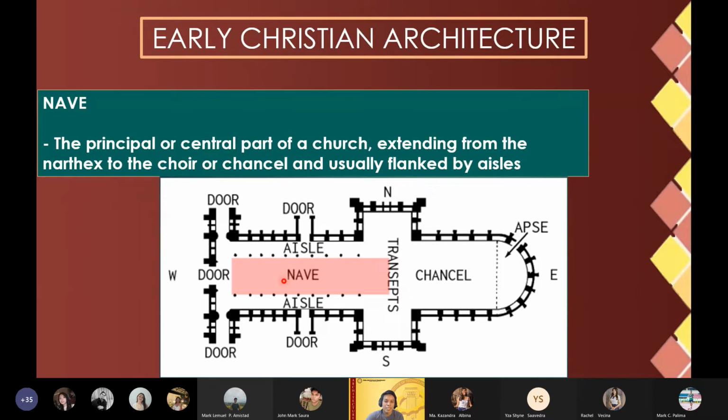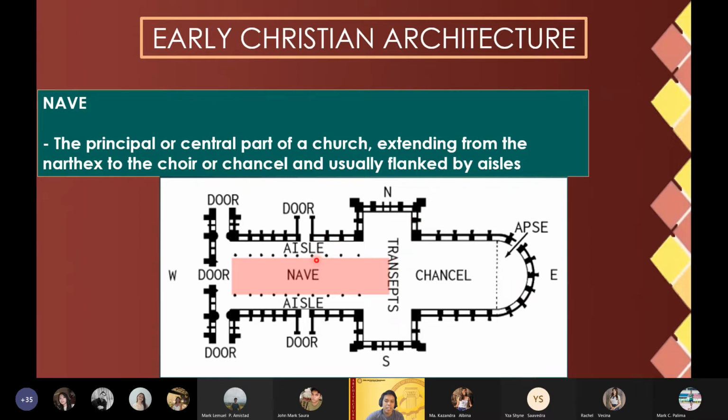So asa ang aisle? The aisle is at the edge. So center ang nave, right side and left side niya, that's the aisle. So naa sa kilid ang aisle. The center is the nave. So again, what's the term? Nave. The meaning of the term: the principal or central part of a church extending from the narthex to the choir, the choir is here, or chancel, and usually flanked by aisles.